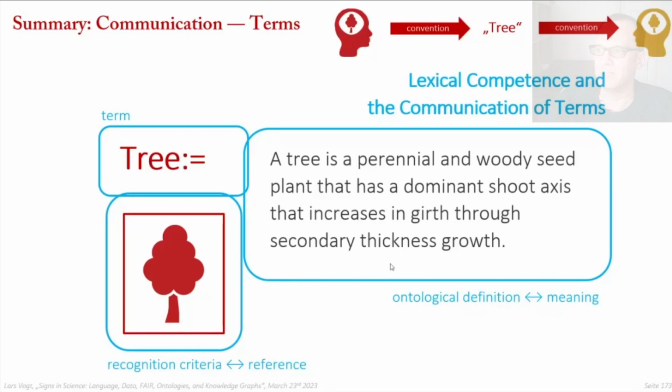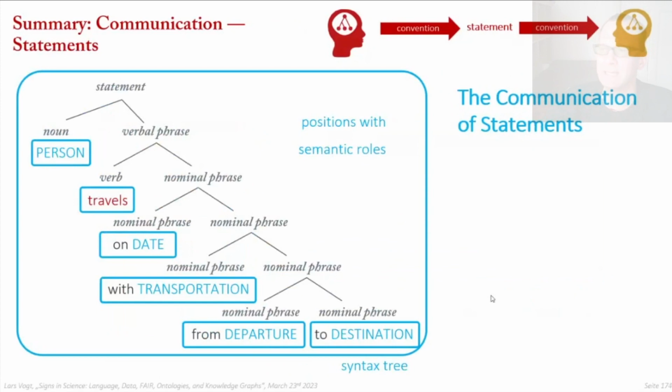So we need a term, we need the ontological definition that provides us with meaning, we need recognition criteria that provide us with information for the reference of the term. We need the same for statements. We also need conventions here, grammar and syntax. We need a syntax tree with defined positions and associated semantic roles. And both the sender and the receiver must know these rules to be able to formulate a statement and understand a statement.